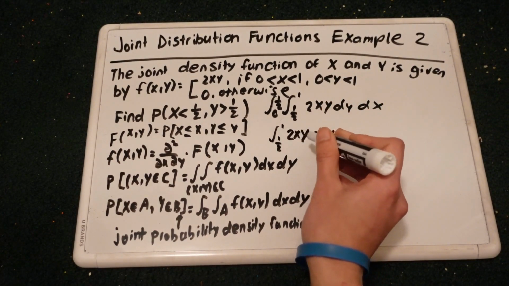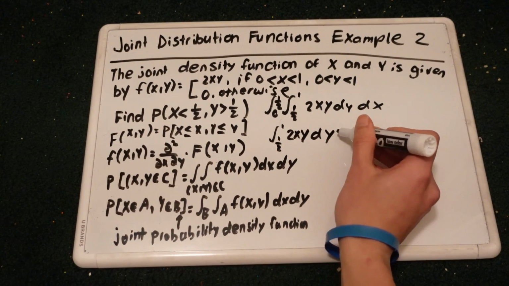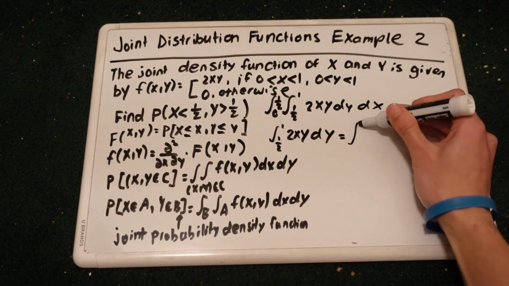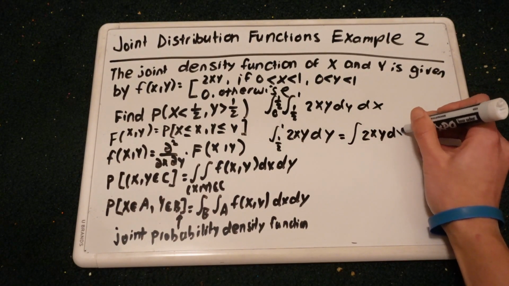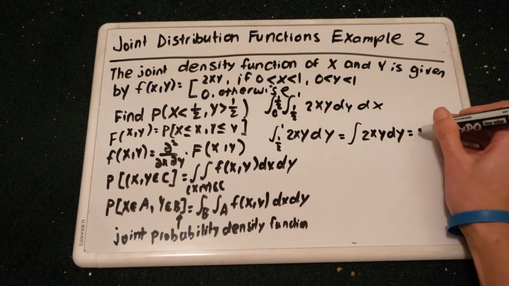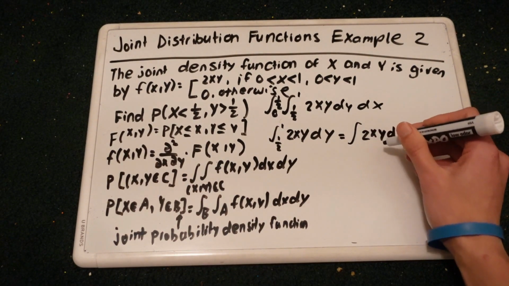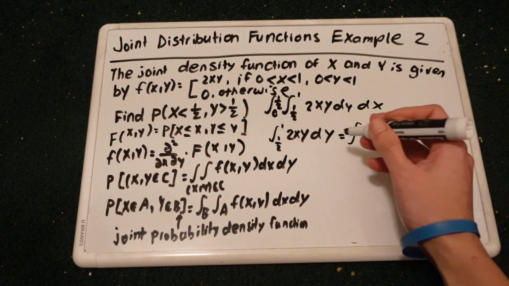I could pull out a 2x here, but I just prefer leaving it inside the integral. So let me rewrite this. The integral of 2 times xy dy would just be x times y squared, because remember, the 2 times 1/2 will cancel.